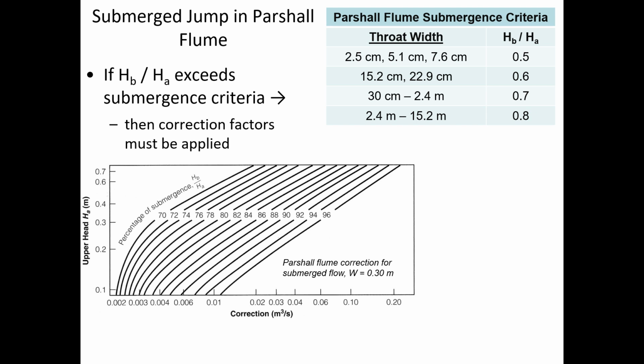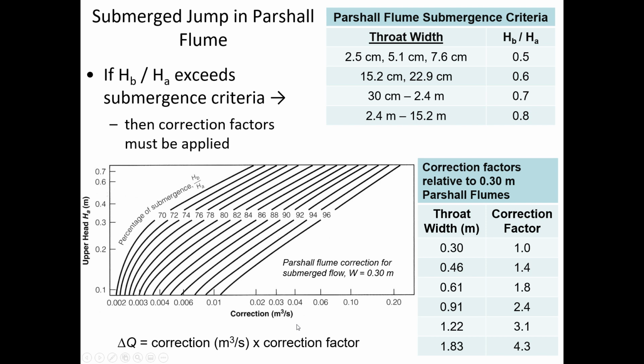So the way that you do these corrections, if this is exceeded, if you're over the limit, you don't have free flow, is you would find out what is the upper head, H sub A, and you'd look at this ratio of submergence, and then you'd go down to a correction factor. So you're basically using this nomograph. You're going to look up the correction in terms of cubic meters per second. And this particular curve is for a specific throat width.